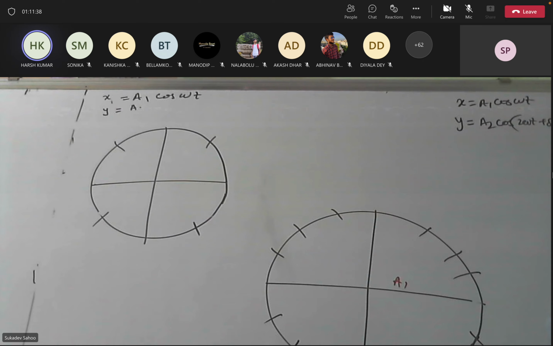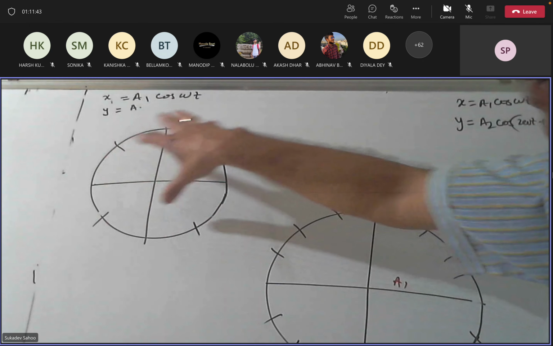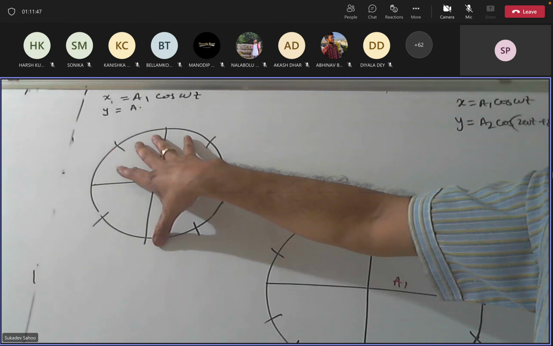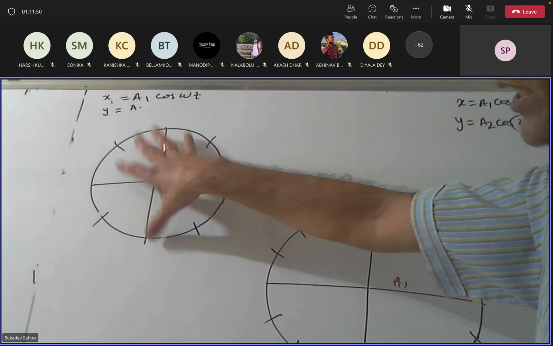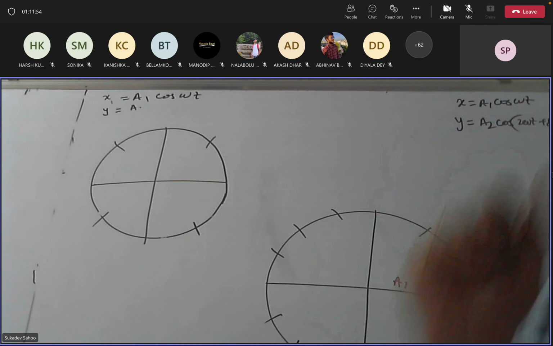Now you come to the parts. I have made this one 16 parts. So if this rotates twice, how many parts will it cover? 16 parts.